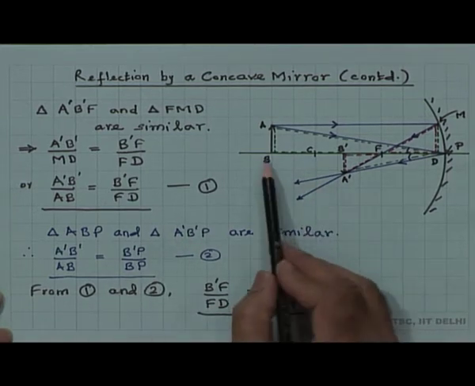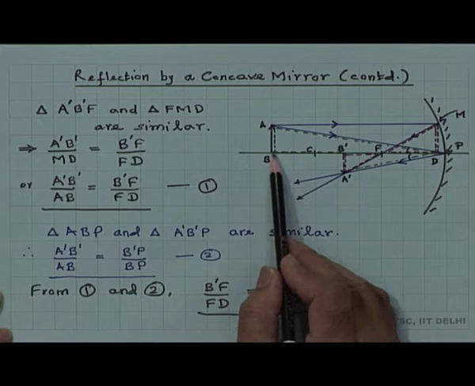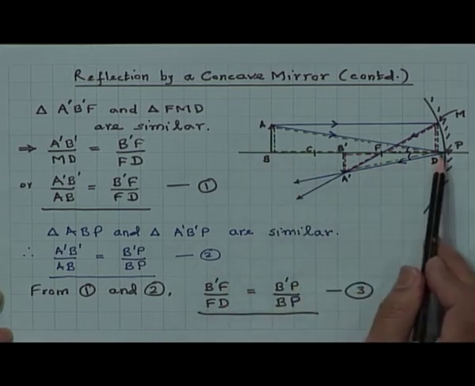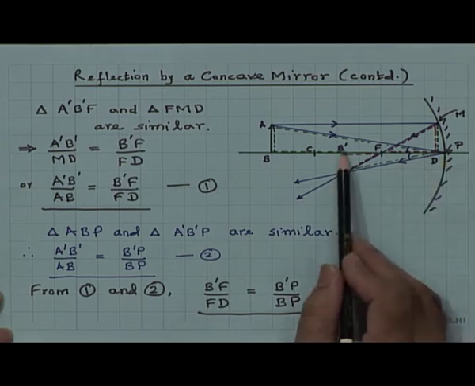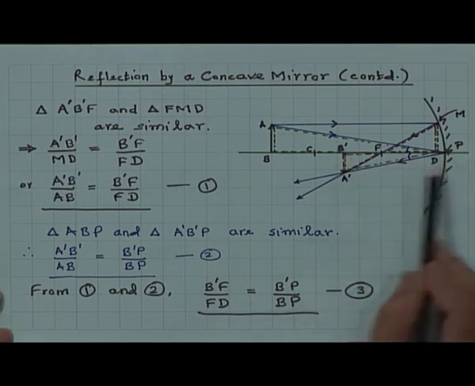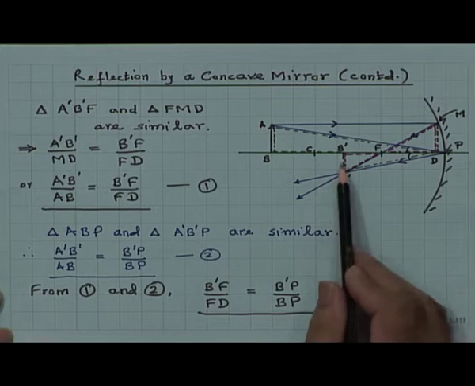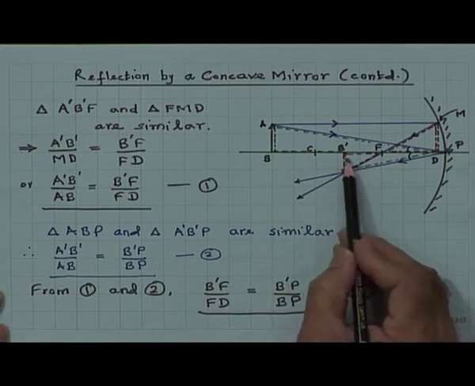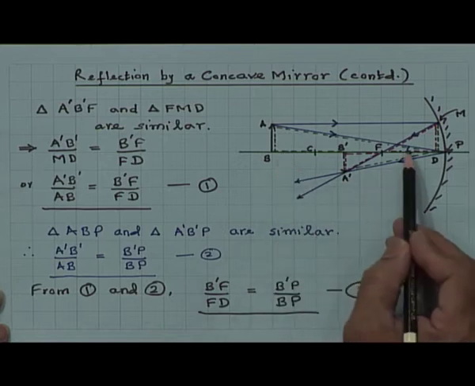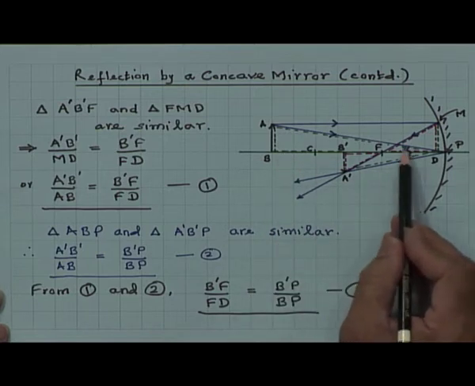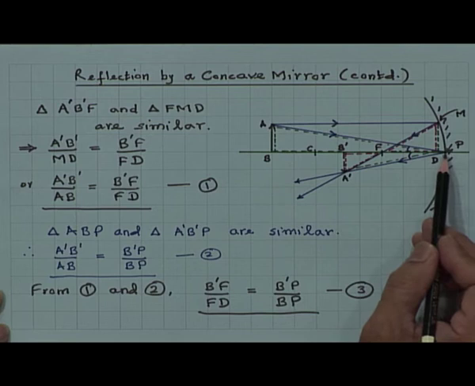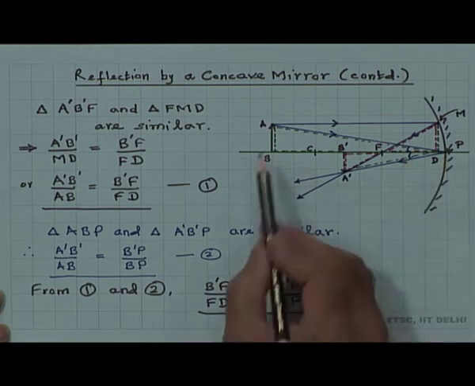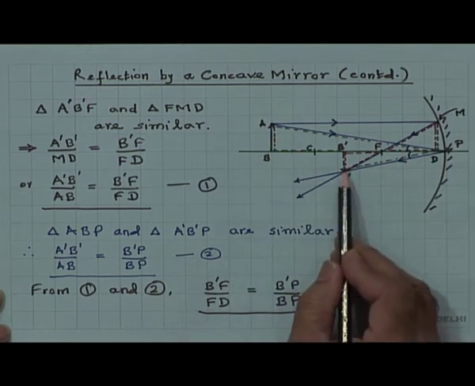Now, we look at the other two triangles which I have marked here, that is A B P and A dash B dash P. These two triangles are also similar, because these are 90 degrees, and here the angles are equal because it is reflection taking place here. So, these angles are equal, therefore, these angles must also be equal.